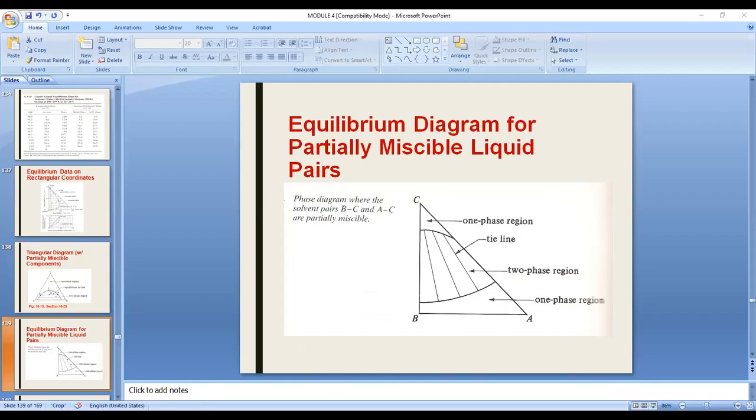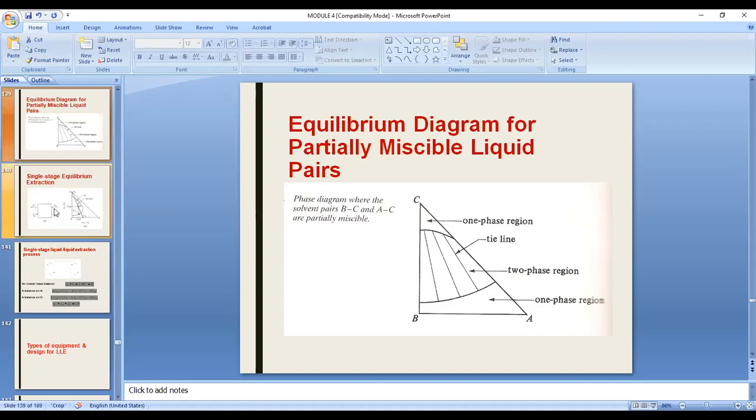So instead of having a phase envelope that looks like the one shown to you that is paired with a rectangular diagram below, it's like this. You have two one-phase regions, one on top and one at the bottom, and this two-phase region in between. Just in case you'll be asked to interpret. Although I'm sure you would be able to see samples of this in your handbook as well.